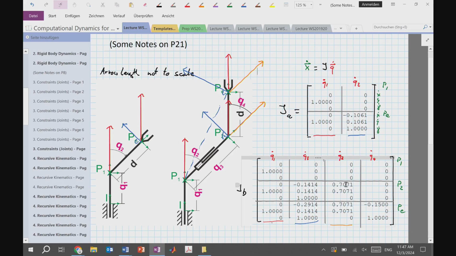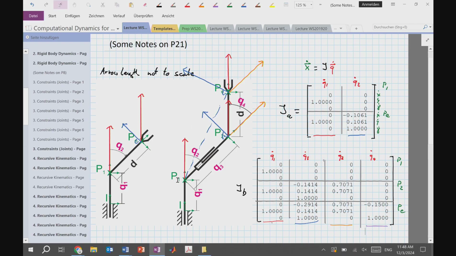Here we have 1 over square root 2 as our 2 directions, right? So this is a vector of unit length pointing in the 45-degree angle. The same here.